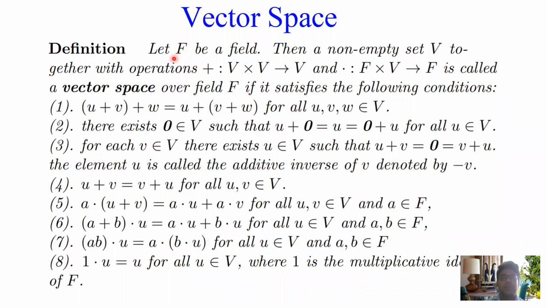Vector space. Let F be a field, then a non-empty set V together with the operations plus, V cross V to V, and F cross V to V, is called a vector space over a field F if it satisfies the following conditions.